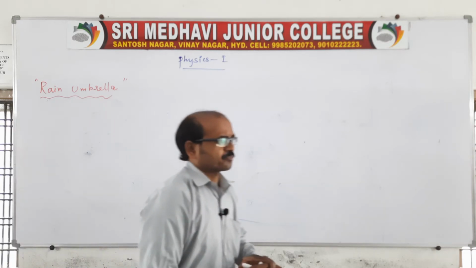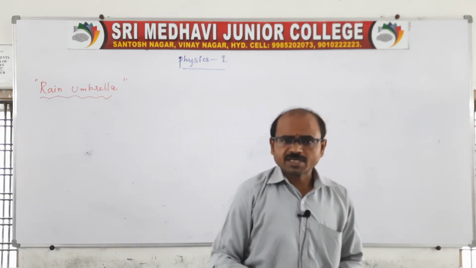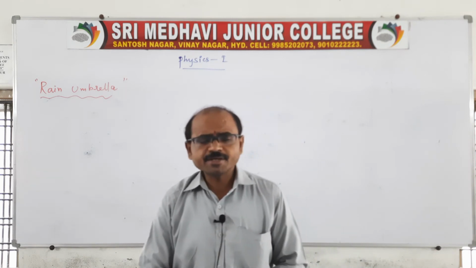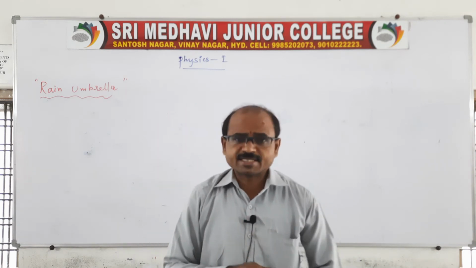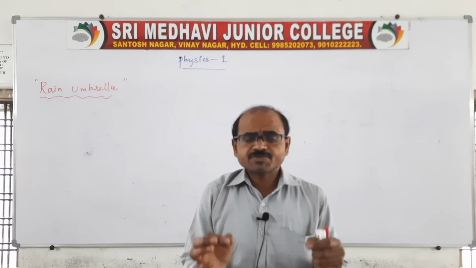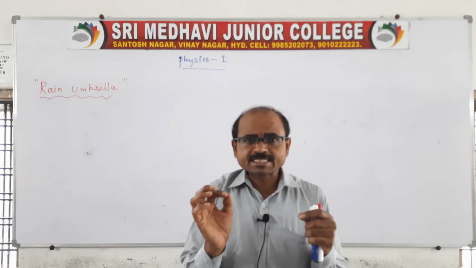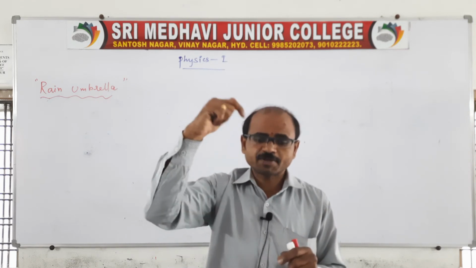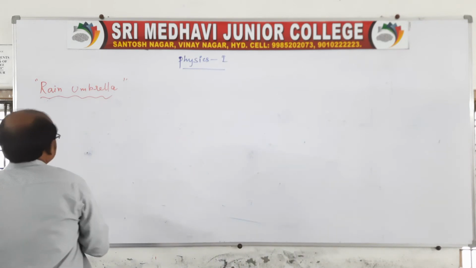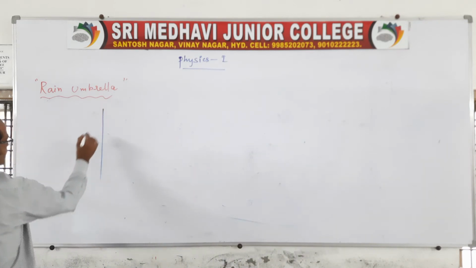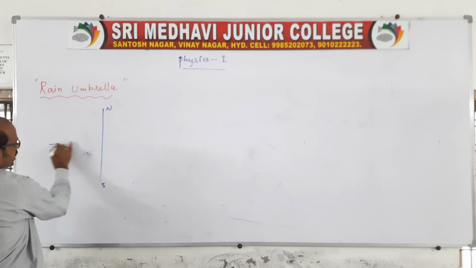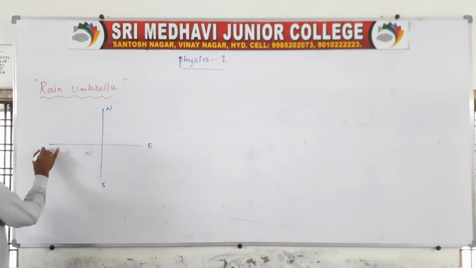You remember, in general rain falls vertically down. That means rain falling vertically down, the rain velocity we should always take as minus j cap, because the rain falls from north to south. I'll draw it like this: north south and east west.